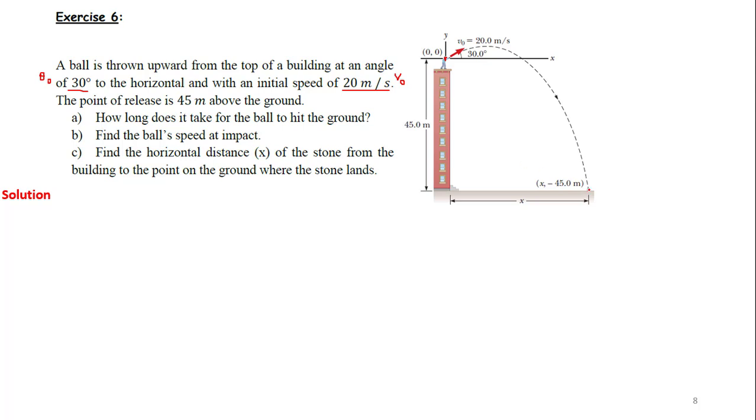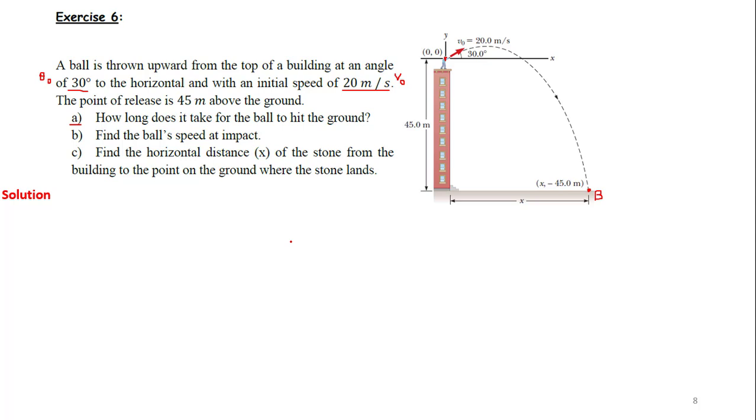We have to calculate t, the time taken by the ball to reach the ground. يعني they ask about this point. This point, let's call it point B. So we are asked to find TB. The question A, they asked to find TB.